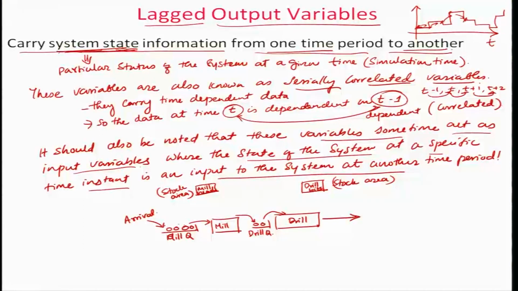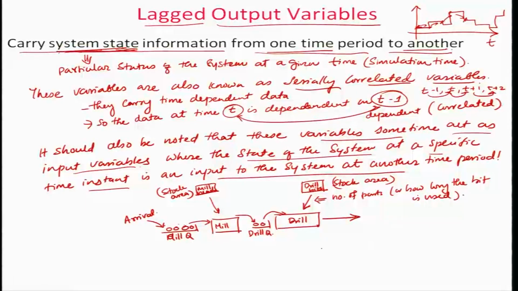Depending upon the number of parts that are processed, the drill and mill bits will come here, which will result in changing the milling and drilling heads depending upon the tool wear. So this is dependent on the number of parts or how long the bit is used.